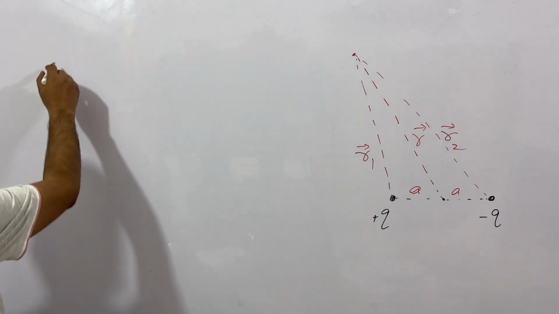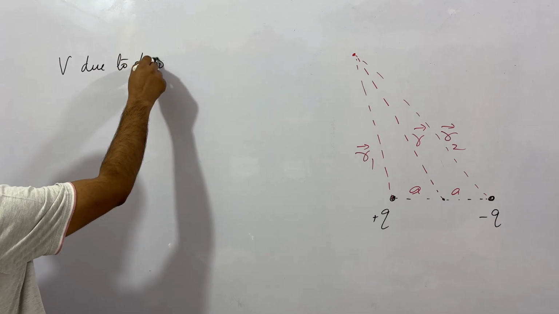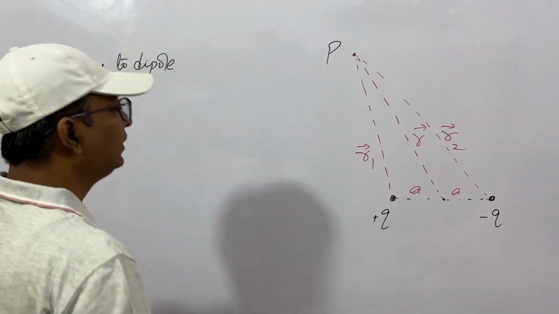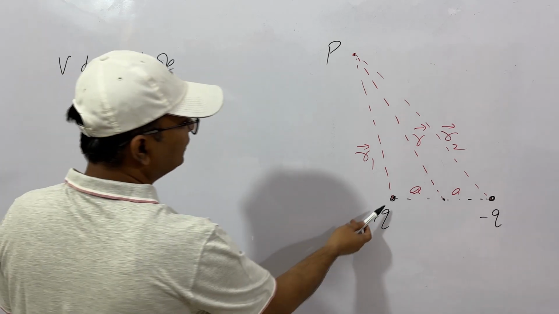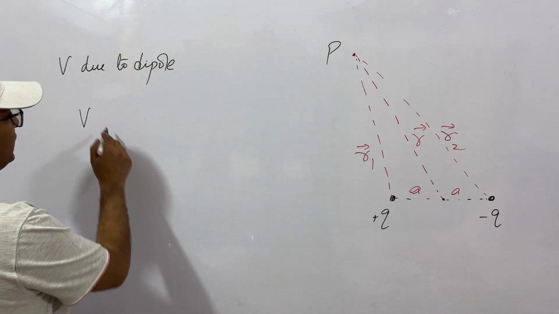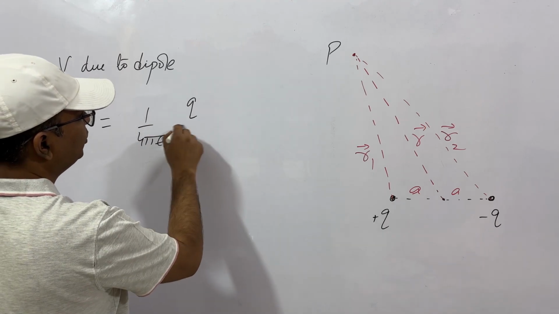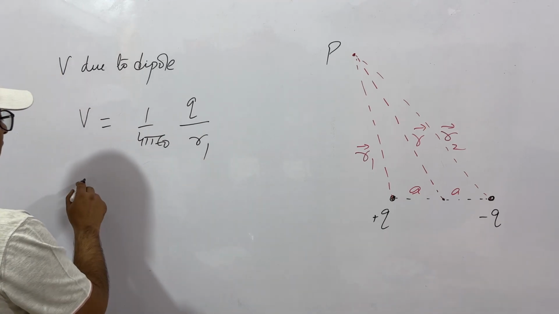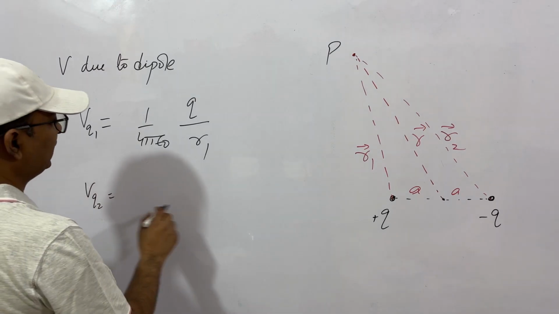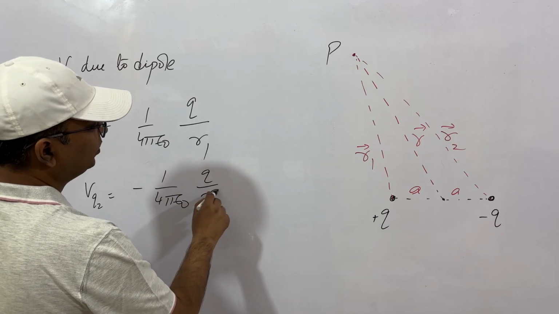So what we are seeing is potential due to dipole at this point P. Okay, we know that V due to plus Q will be 1 by 4 pi epsilon 0 Q by R1, and potential due to minus Q will be minus 1 by 4 pi epsilon 0 Q by R2.